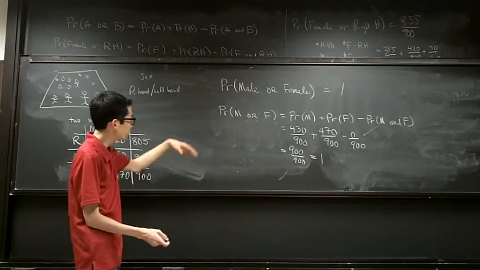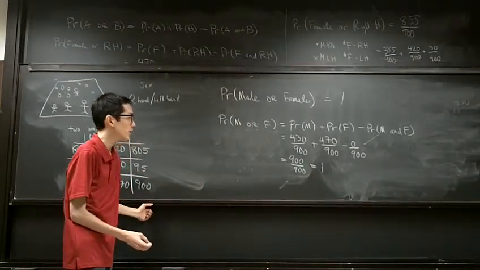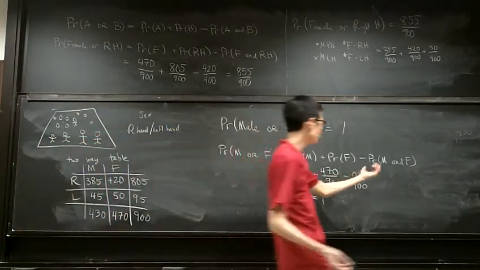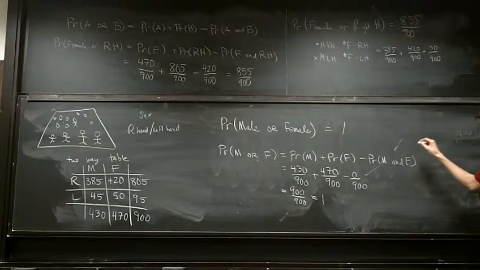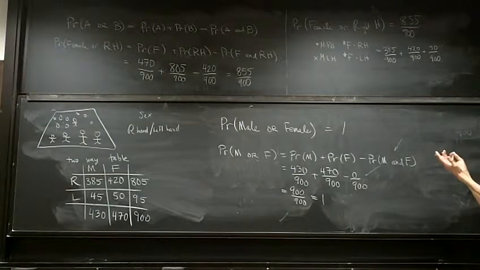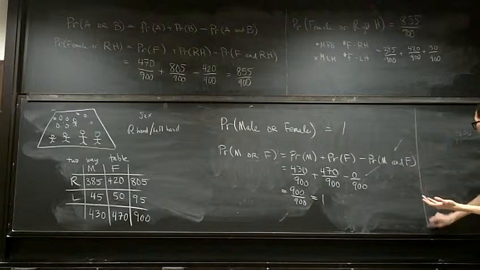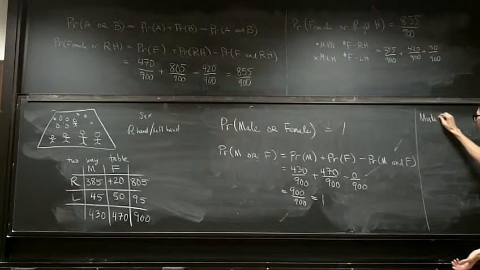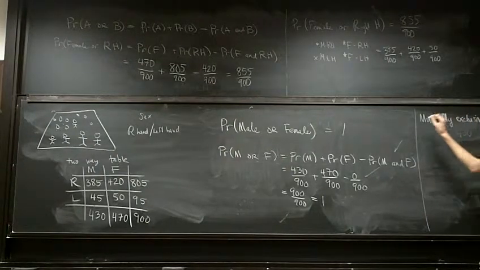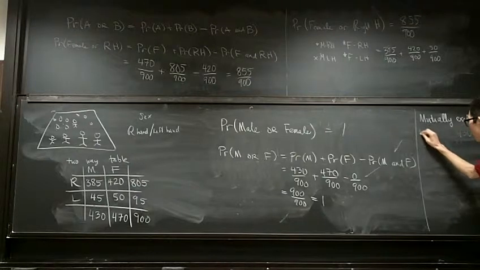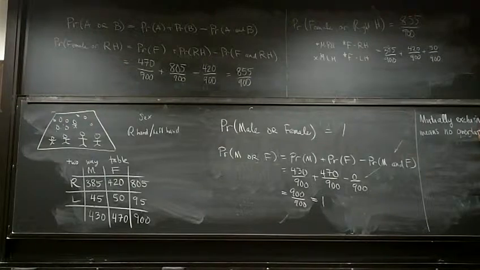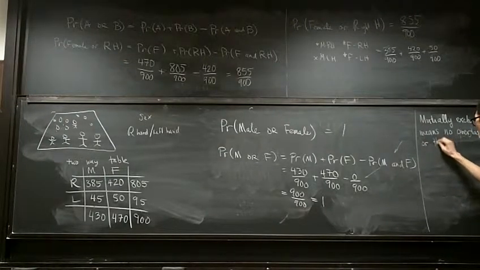All right. That brings up a related rule, and that's for what we call mutually exclusive events. Mutually exclusive means that the "and" portion is 0, so that there's no overlap, or the two events cannot happen together.